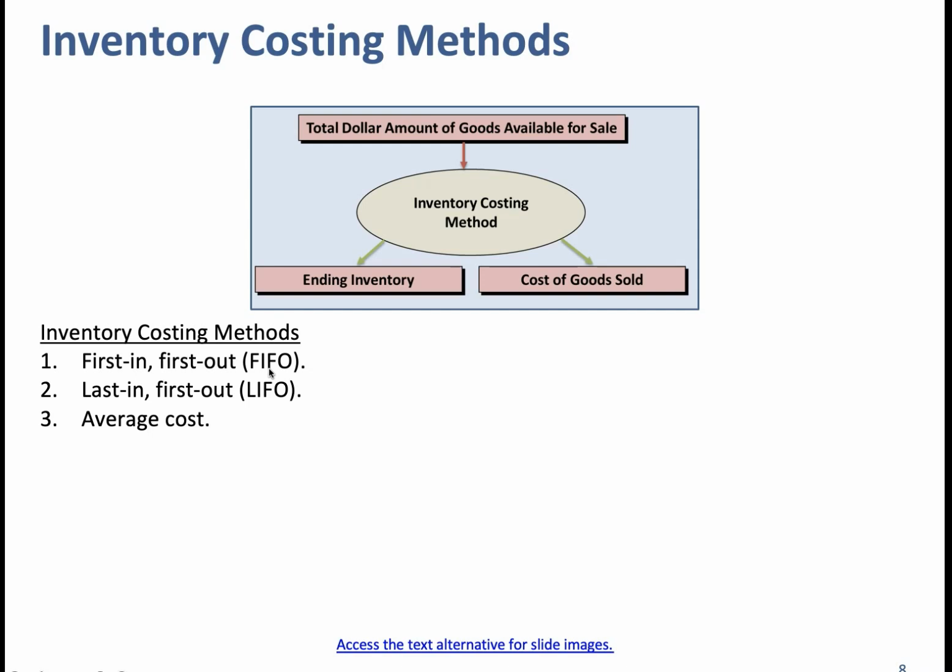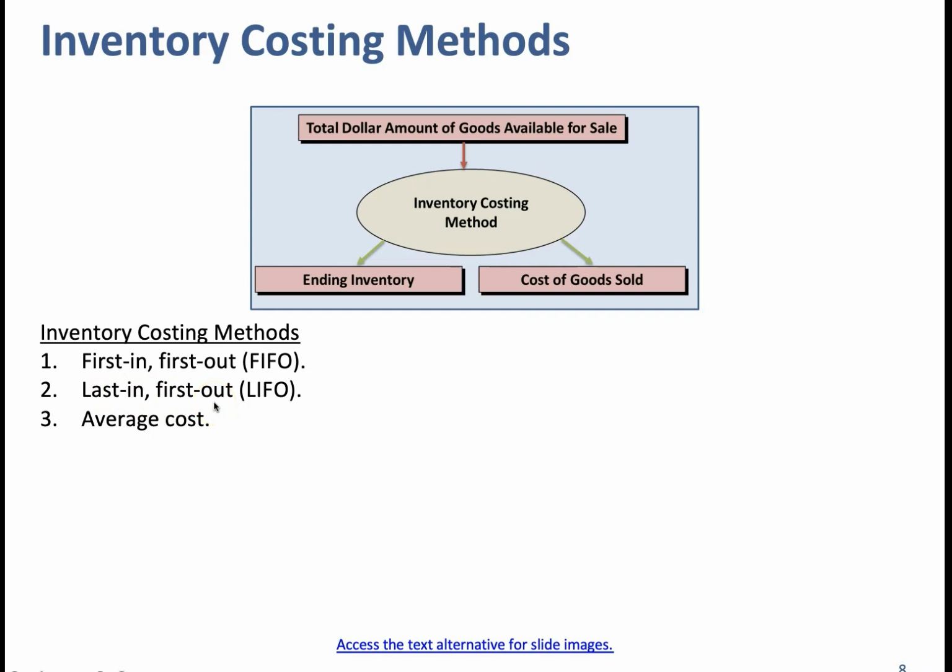If you're selling toilet paper, you might not care when you get the toilet paper, and you probably just fetch whatever toilet paper is closest to you, which might usually be the last batch you got from your supplier. So last in, first out could be for those inventories sold in mass quantity, that are not perishable, and so on and so forth.